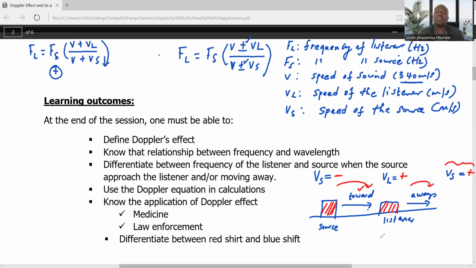When you substitute the negative Vs in the plus formula, the denominator, the speed of sound, will decrease by the speed of the source. And if the denominator becomes smaller, the frequency of the listener will be higher.